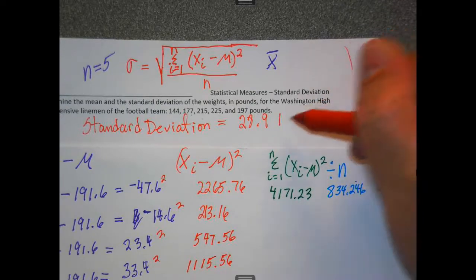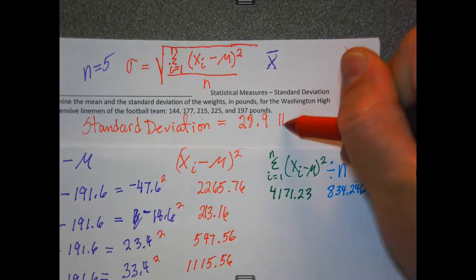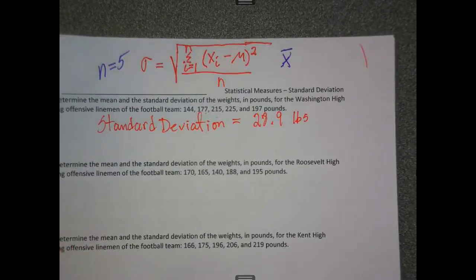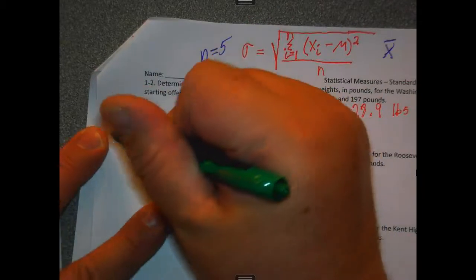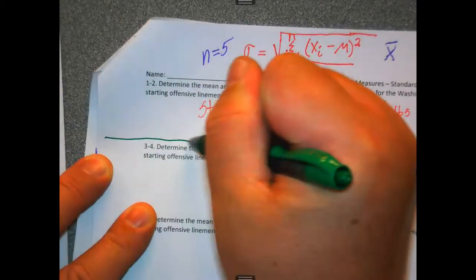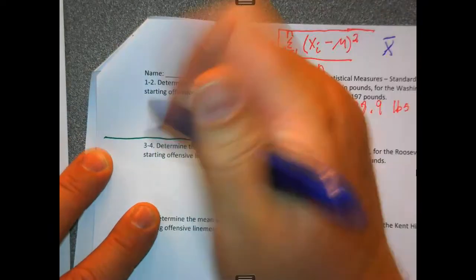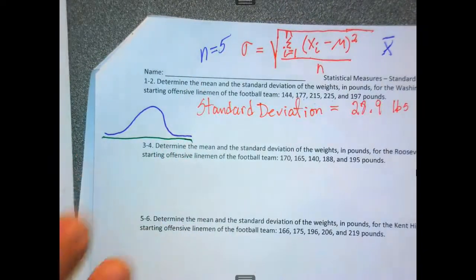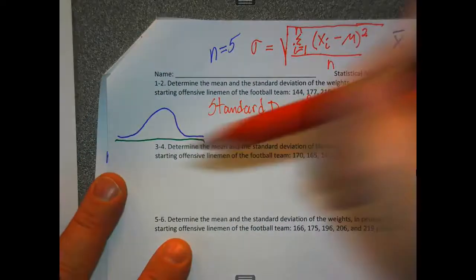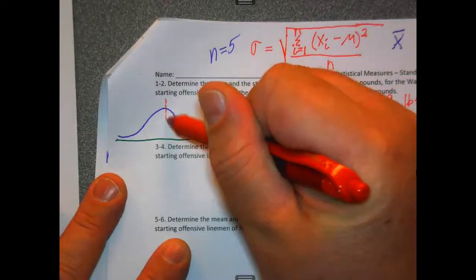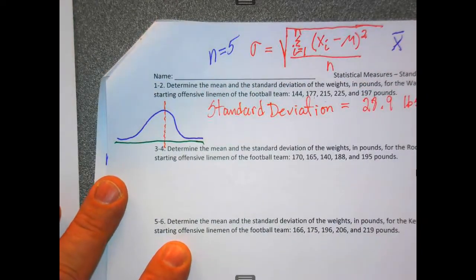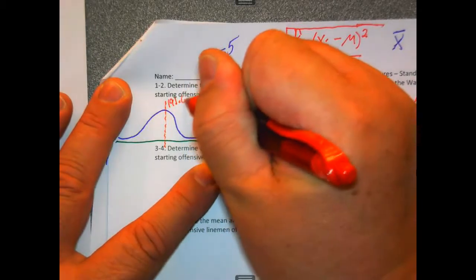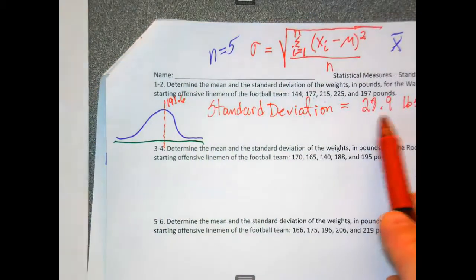Now, what does this mean? This means on our normal curve, my axis, my normal distribution curve. No, you don't have to put this on there. Here's my mean, which is, what did we say the mean was? 191.6. So we're going to add 28.9.